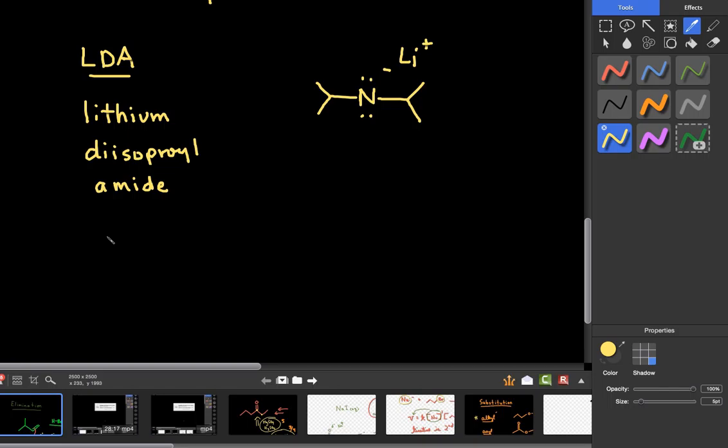There are also some even larger ones known as DBU. There's also HMPA. These typically are not on standardized exams. So LDA and t-butoxide are the 2 really big ones.